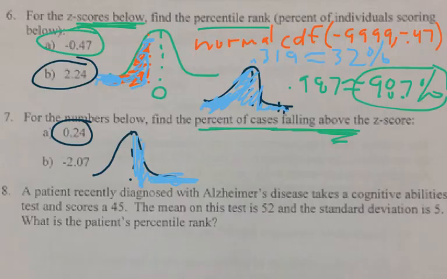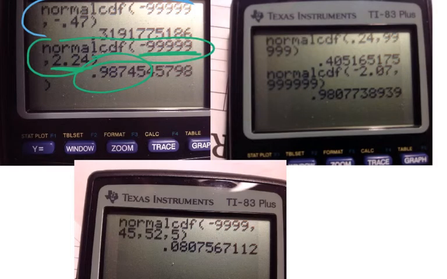And remember, I'm always going to go from left to right. So if I want to know what percent I have shaded in blue there, look over here in blue. Do you agree? I'm going to go from that 0.24 up to positive infinity. And again, for positive infinity, guys, I just throw in a bunch of 9s together, 99999, which approximates my positive infinity.